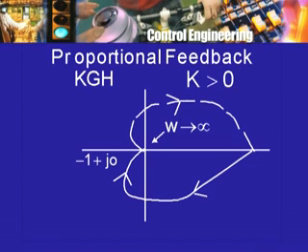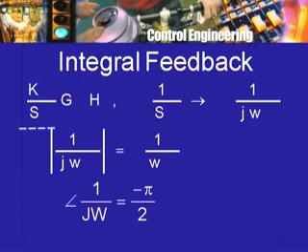Whereas the case of the integral feedback was different, because now in addition to the GH that was already there, we had put a 1 by s or a k by s in front, and this was because of the integrator. So the loop transfer function was now k by s into GH.